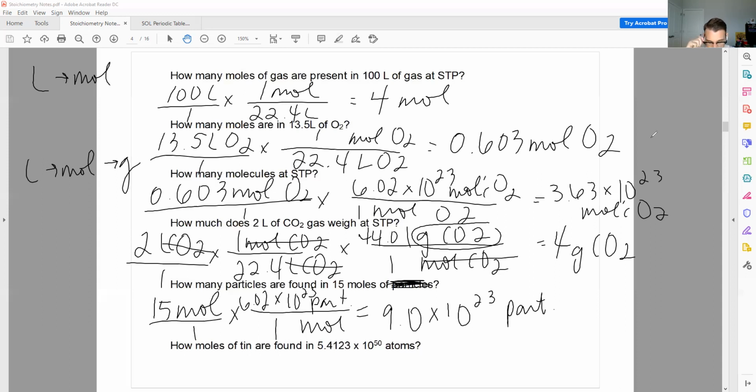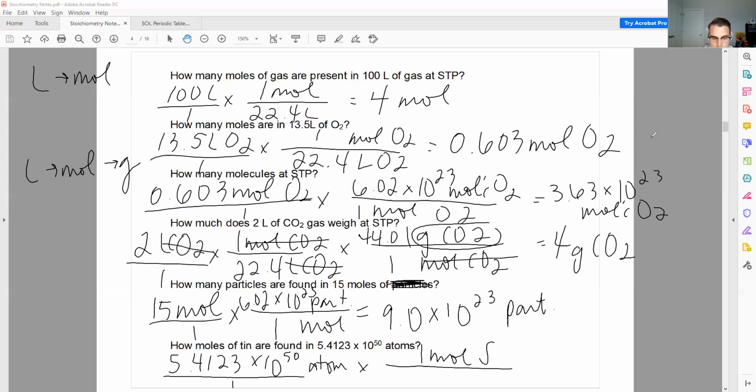And then the final one. How many moles of tin are found in 5.4123 times 10 to the 50 atoms? Okay, 5.4123 times 10 to the 50 atoms. I know the mole has to go on top.